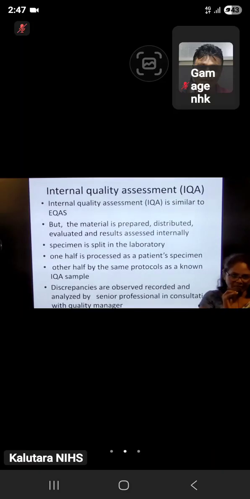The other half is processed as an IQA sample. So you have to see the discrepancies. For example, if you isolate the same organism and identify the same organism, then no problem. This is about internal quality assessment.